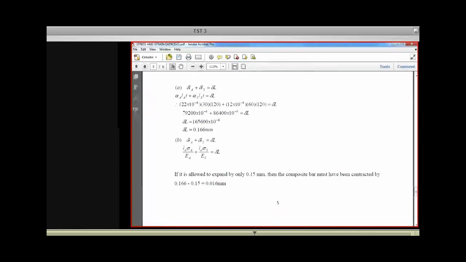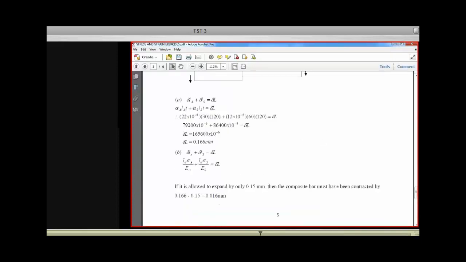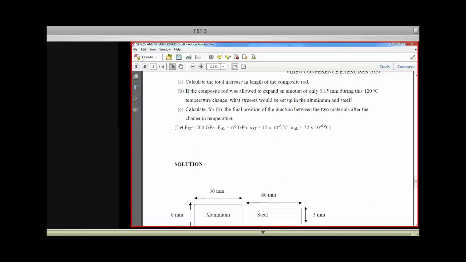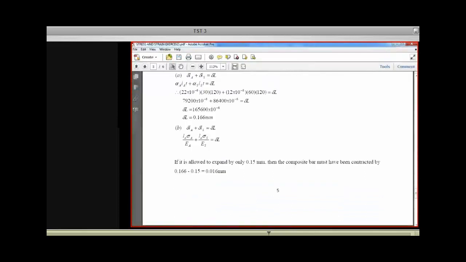So in that case, we apply our equations. Remember, we have the total expansion to be this for A and that for B, the addition together. And this can also be expressed in terms of stresses. Because now the questions that we want to deal with says what stress. So remember, depending on what you are looking for, it will determine how the equation will be applied. So we are interested in getting the stresses. So of course we have to write our equation to have stresses involved. In this case, the change in length can be written in the form of length multiplied by the stress divided by the Young modulus.